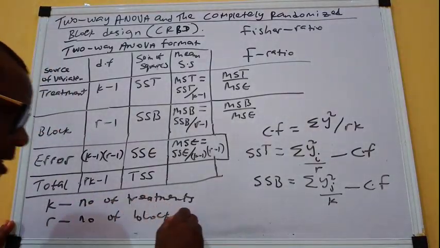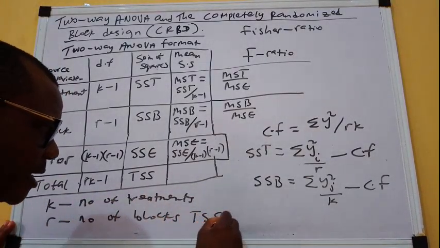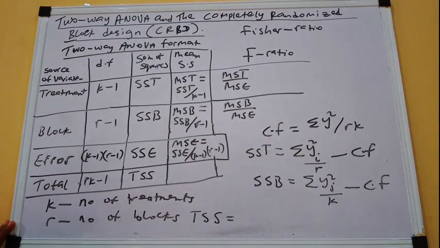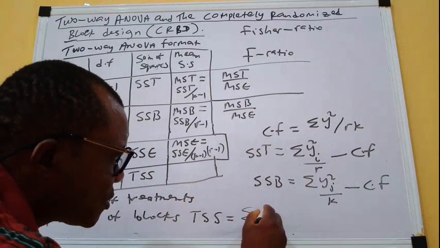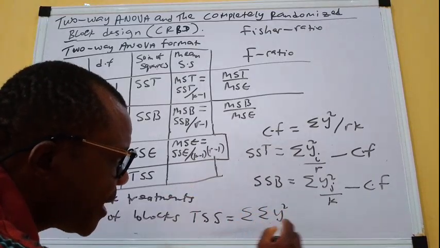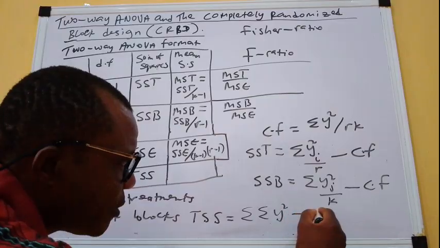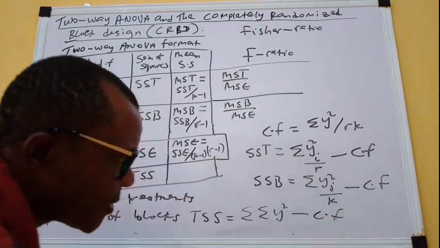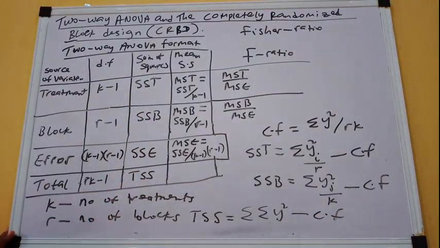Then the total sum of square will be equal to summation y square minus the correction factor. That's what the total sum of square is.